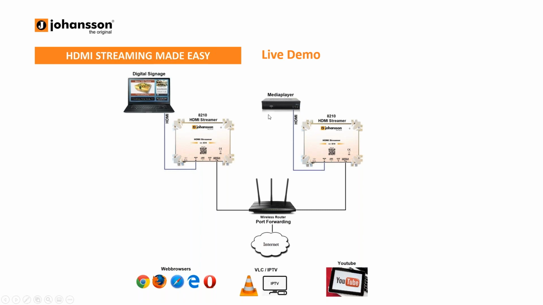Another one is connected to a media player. Both are connected to a wireless router, which is connected to the internet. And we use port forwarding to make the content available on the internet. So you can watch these two devices on the internet through a web browser or through VLC, IPTV, or YouTube.